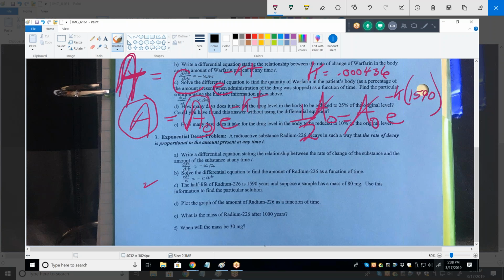Okay, so let's see, what have we got? We've got the amount at any point in time is equal to the starting amount, say 80, times e to the minus 0.000436 times 1590.